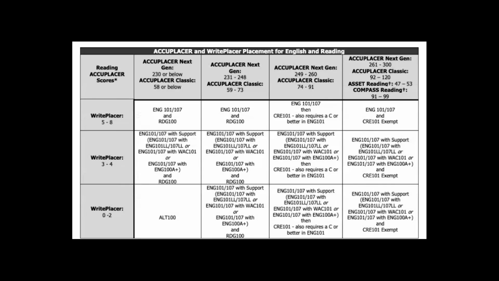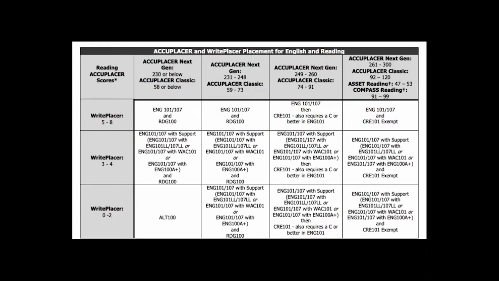Alternatively, if you had a high school GPA below a 2.6, you are encouraged to take the AccuPlacer and the Right Placer to determine your placement. Your scores in reading and writing on both tests are used to determine your placement. The placement chart includes a grid to help you determine which courses to register for.